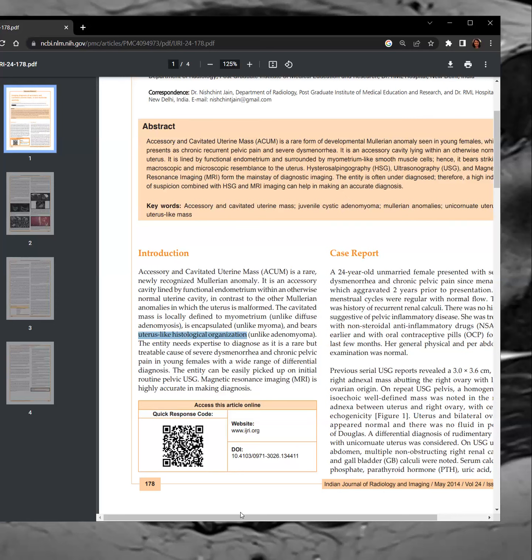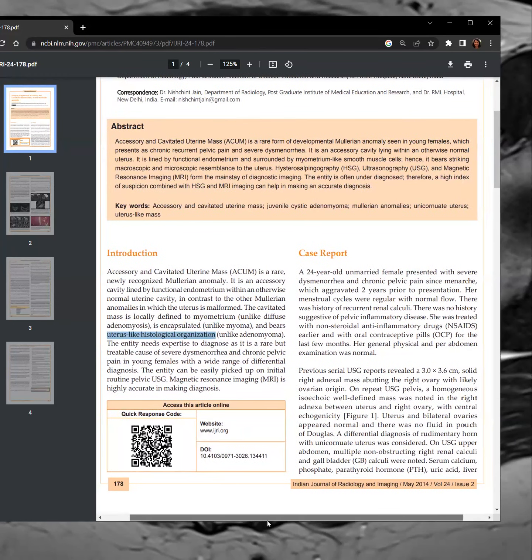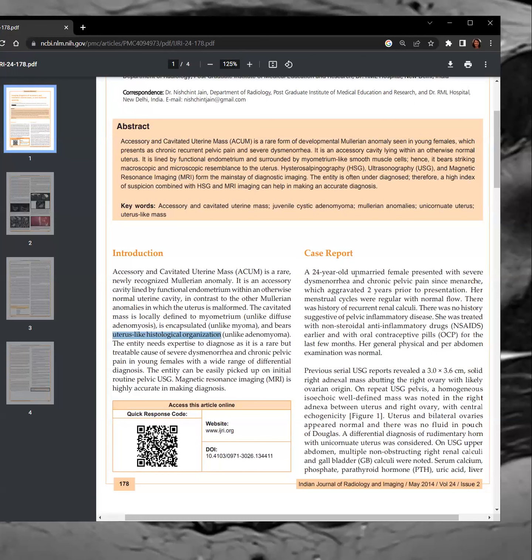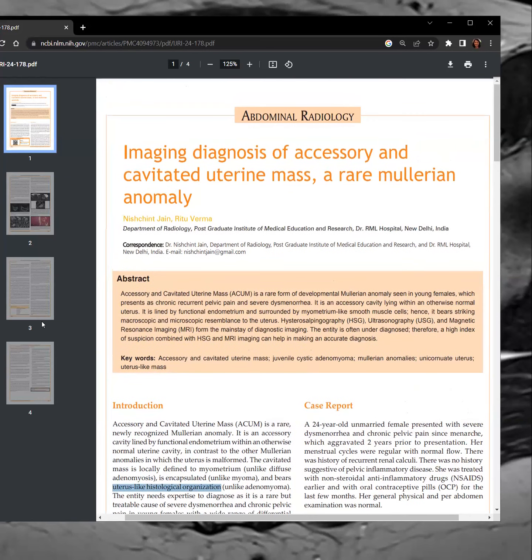I think MR is probably better than ultrasound in the diagnosis of it, and you can resect it so that you can treat the patient's pain and symptoms. Very cool. So again, a case shared by Cookie.